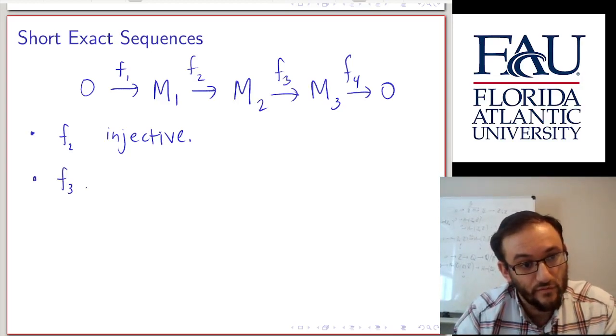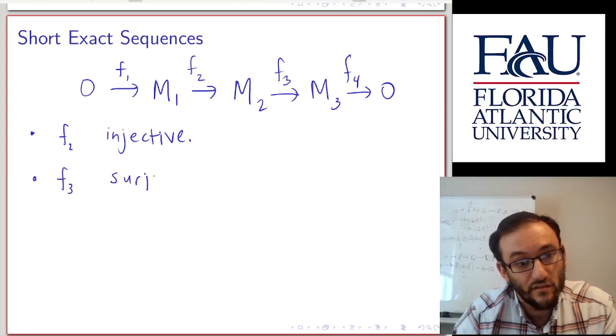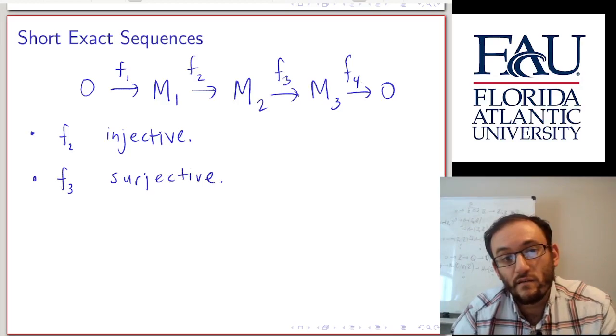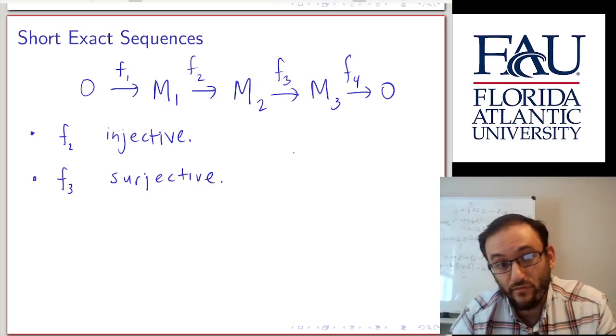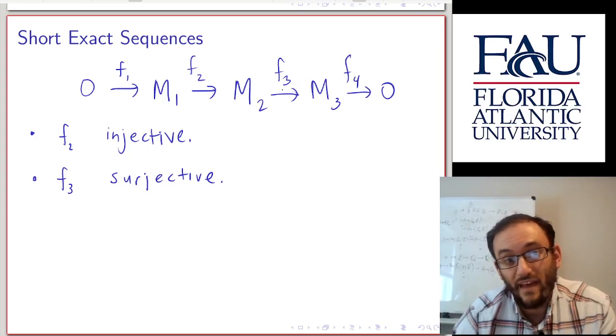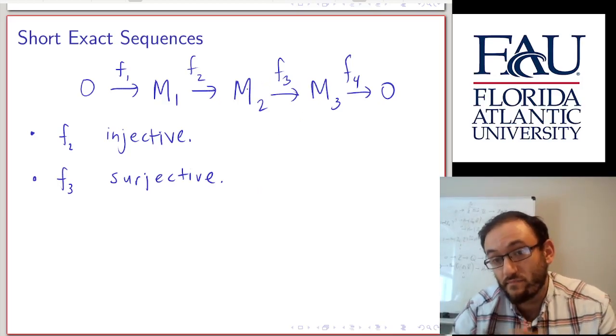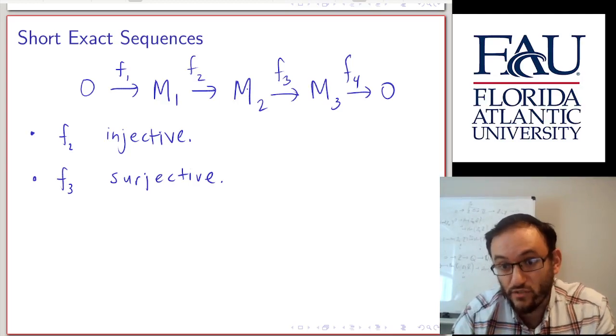Okay, F3 is surjective, by the same type of reasoning, because the kernel of F4 has to be the entire module M3, and that means that F3 must map onto that, because the image is going to be equal to the kernel.